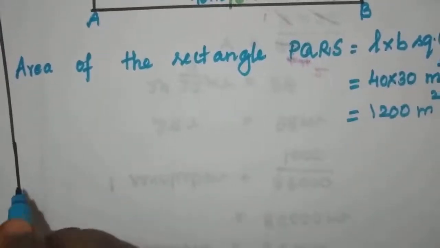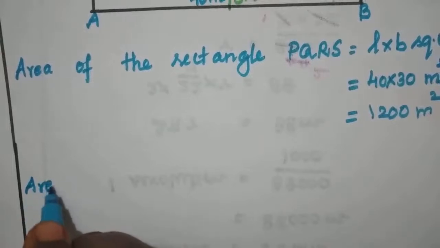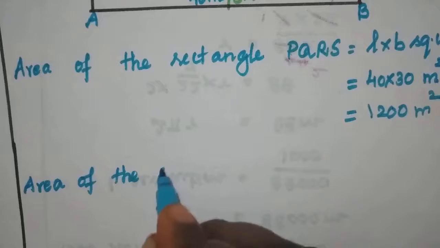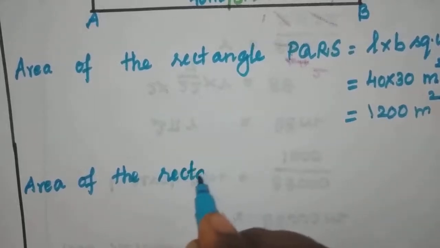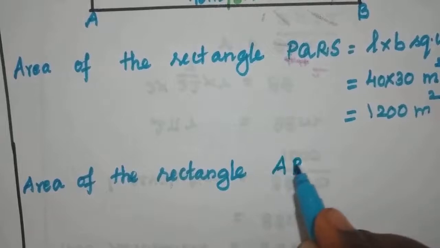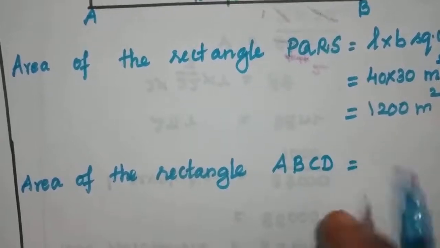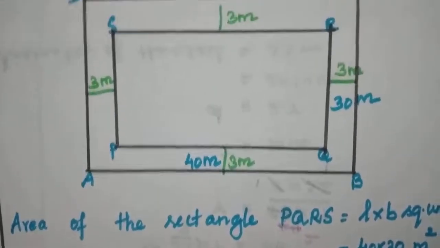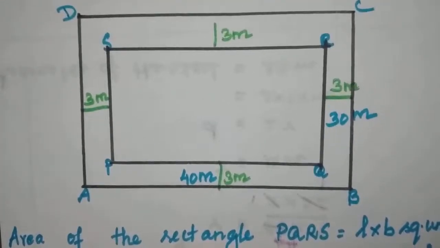Step 2, you have to find the area of the outer rectangle, that is ABCD. How do we calculate the length and breadth of this outer rectangle ABCD?